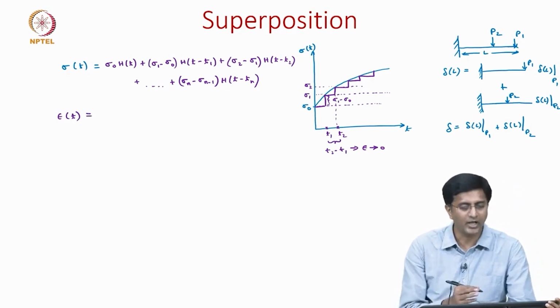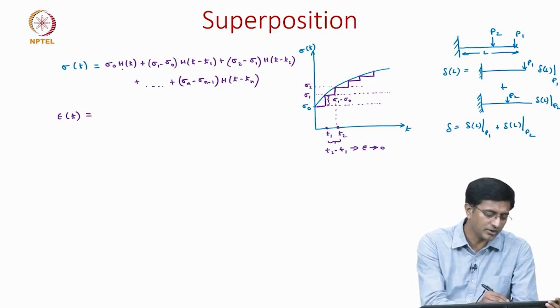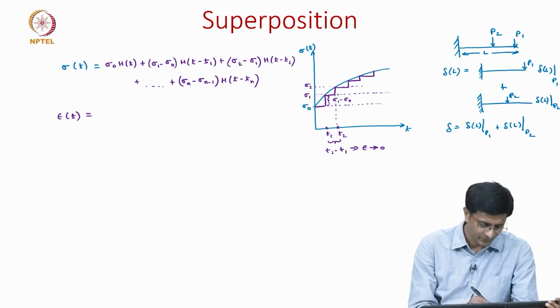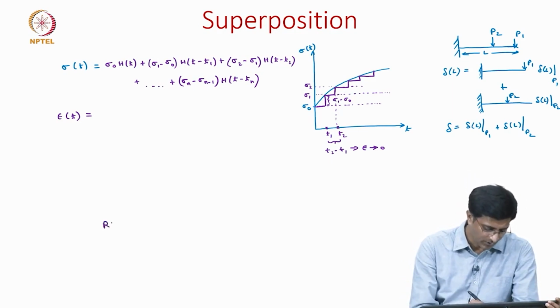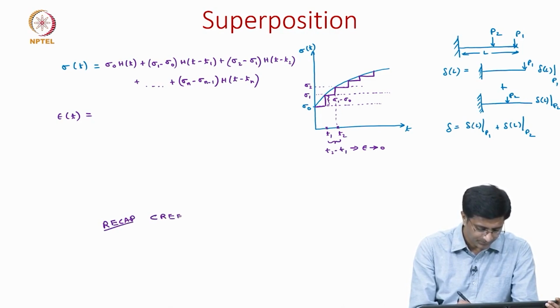So, to help us write this, let us recall how we looked at the response for a creep load. So, a bit of recap, we are saying that for creep load, the input is sigma of t is sigma naught times the Heaviside function.